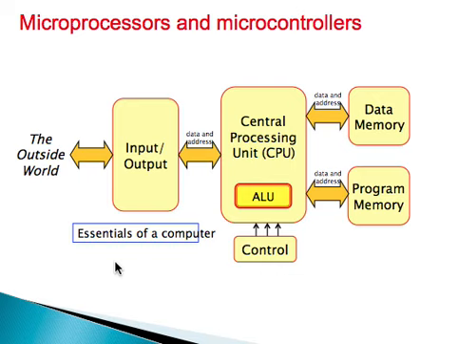You can classify anything which is basically a keyboard, or USB, as input and output, and a mouse could be, for example, an input, as well as any sensors that you want to monitor. So you've got input and output here, and those are the input output interfaces for the microprocessor.